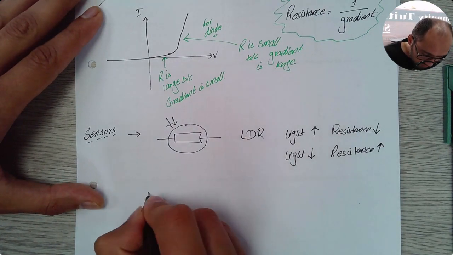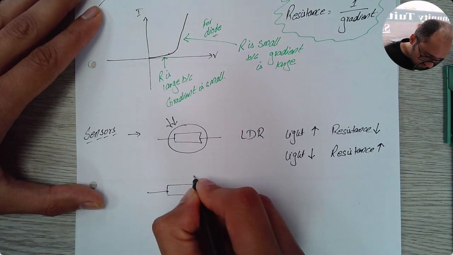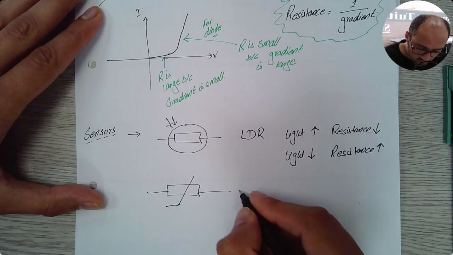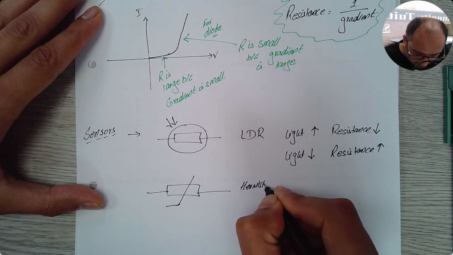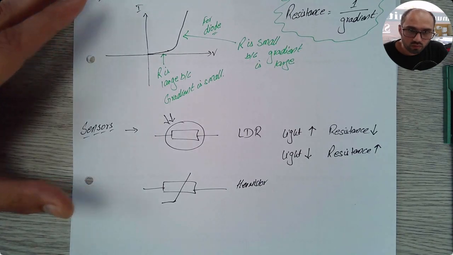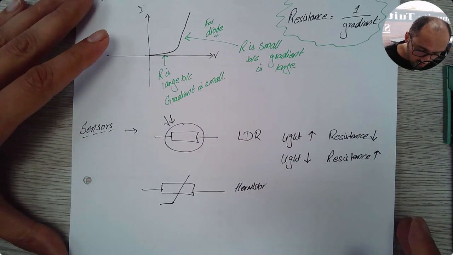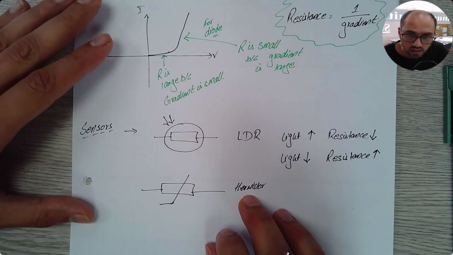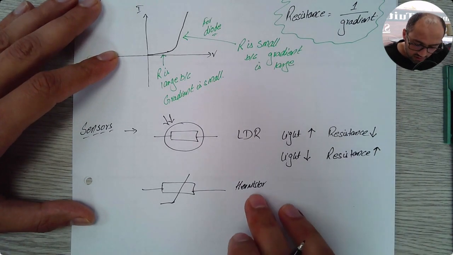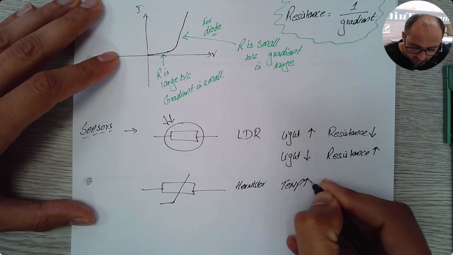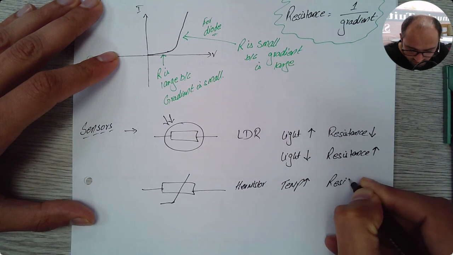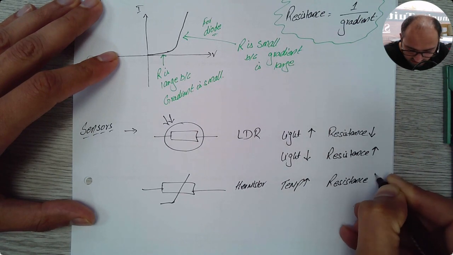We've got another component, and this is what we call a thermistor. In the case of a thermistor, it works with temperature. So if my temperature increases, my resistance will decrease.